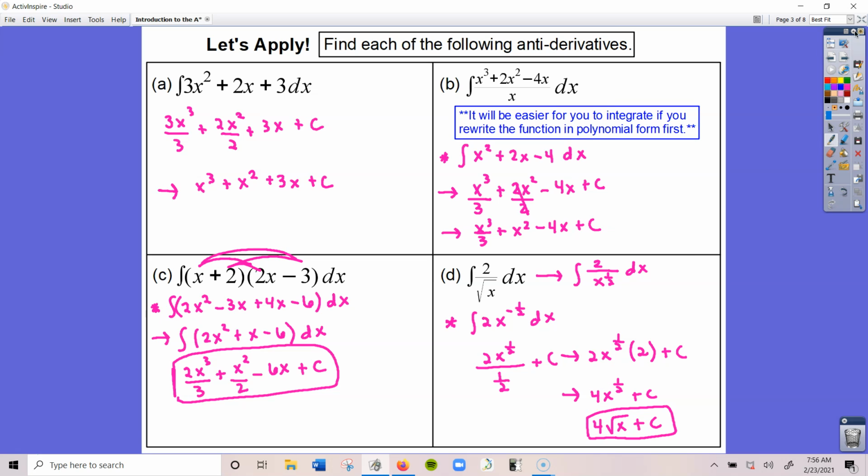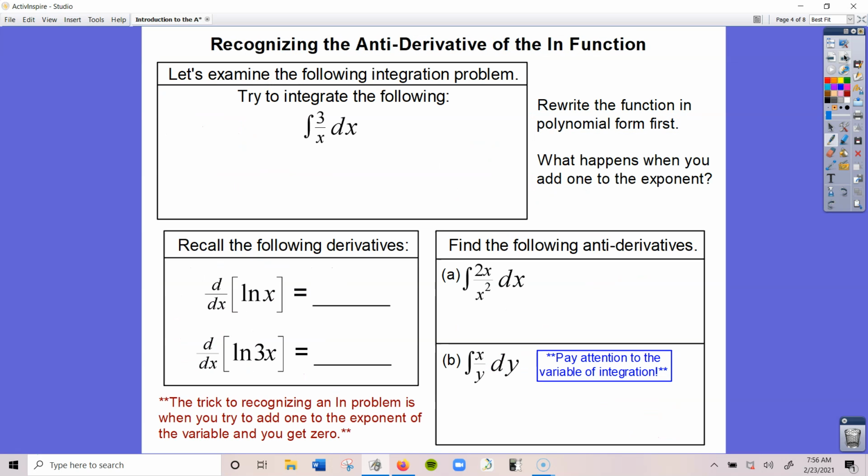Now there are a couple of special cases which we're going to go over now. The first one is to recognize when you have the antiderivative of the ln function. If we were to try to integrate 3 over x dx, this can be rewritten as 3x to the negative 1 dx.